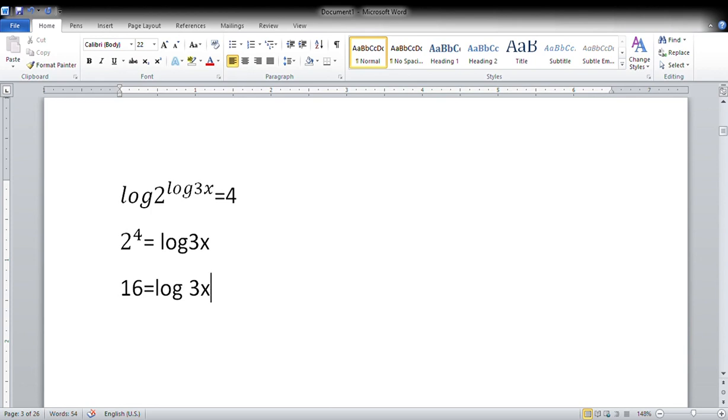Again, we just need to convert it. If we have to convert this logarithmic form to exponential form, again, sorry, 3 to the power x, not 3x, 3 to the power x, sorry.